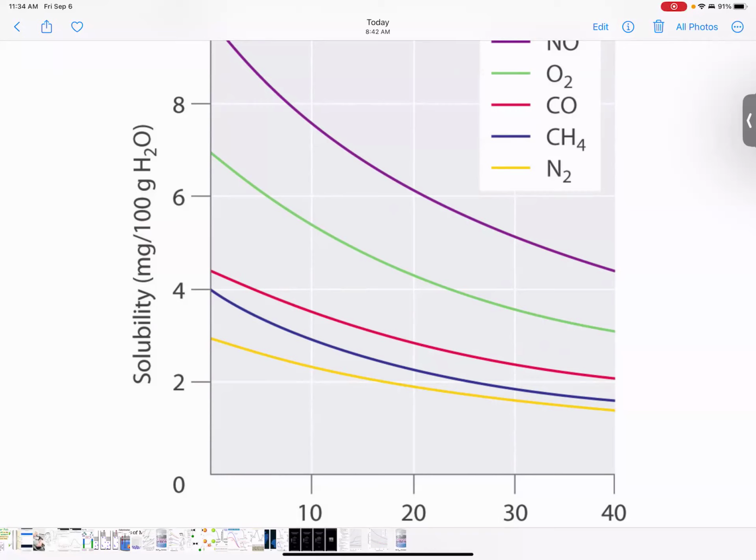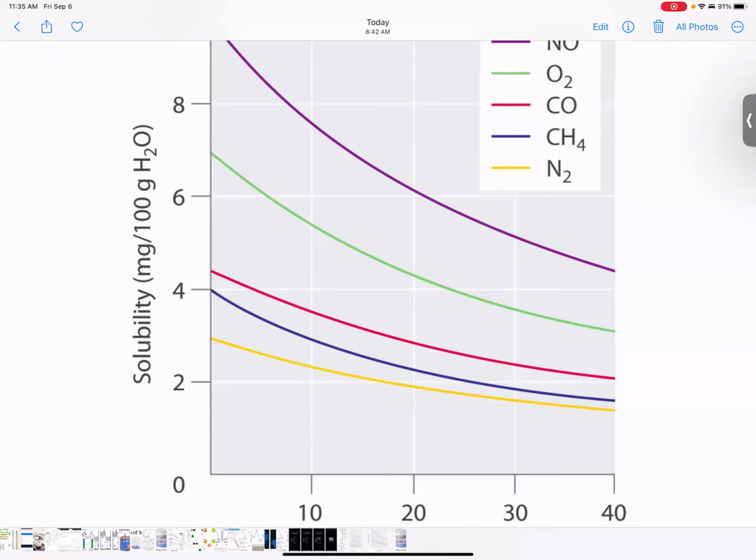Every single one of those illustrates that if you increase the temperature, you're going to decrease the solubility, because the y-axis is describing the solubility in milligrams of gas per 100 grams of water.